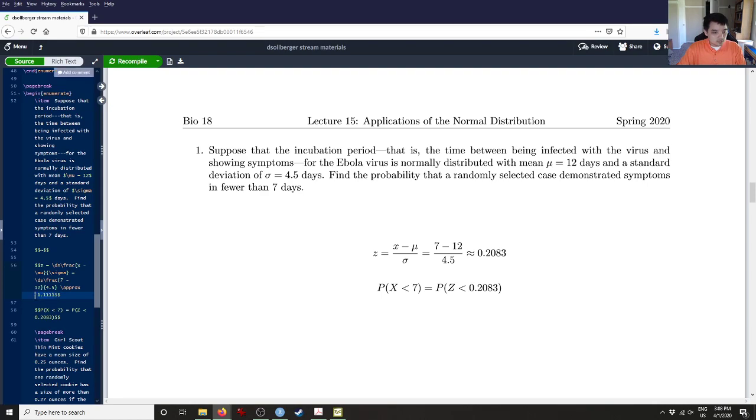Which means that this number we get for the z-score has also changed. So again, thank you for pointing out that typo. So we get a z-score of about negative 1.11.